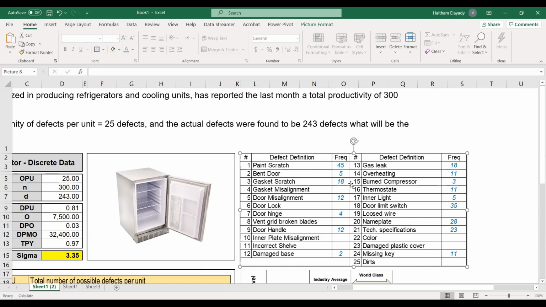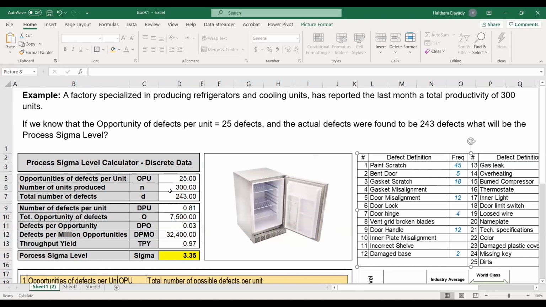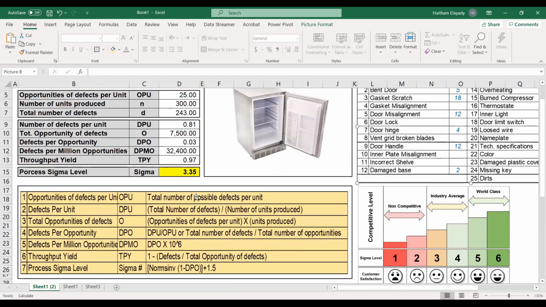And if we calculate the sum of all those values, we find 243 defects. So we have now the opportunity of defects per unit, which is 25, the number of units produced, which is 300, and the total number of defects which we have found, 243.